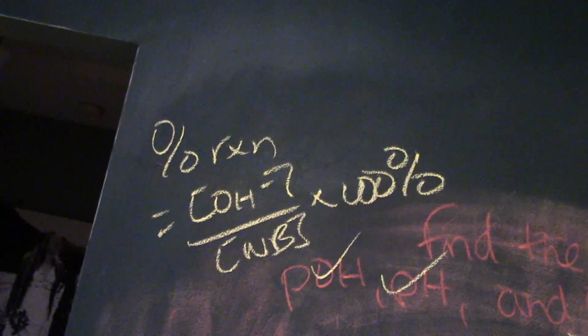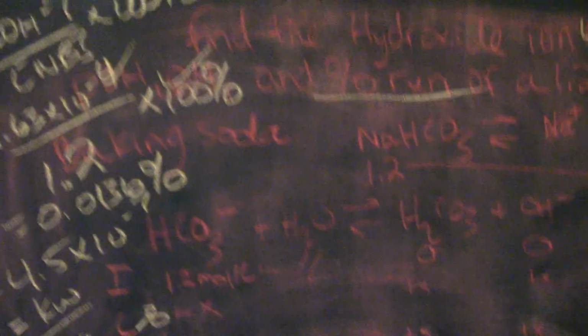So that's going to end up being 1.63 times 10 to the negative 4 over 1.2 times 100%. So I end up with a percent reaction of 0.0136%. All right, and I can check that off now, too.